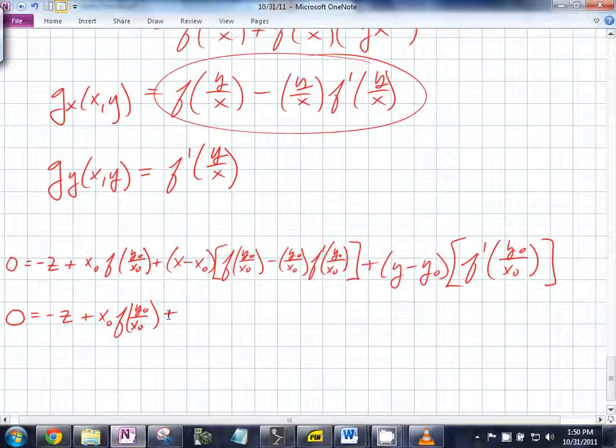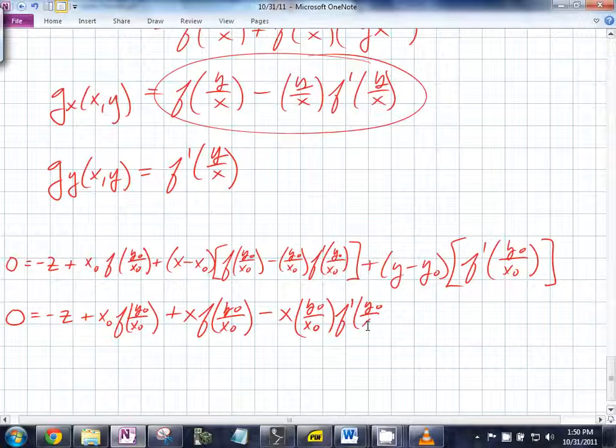Yep. Minus x naught times f of y naught over x naught, plus y prime, plus y naught.